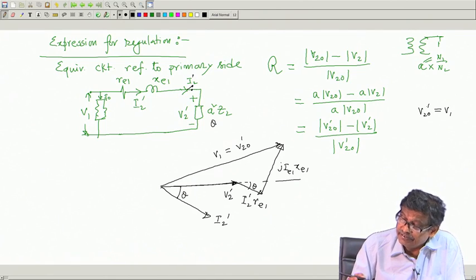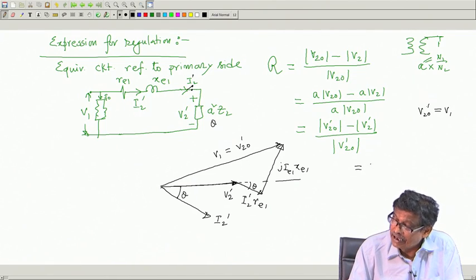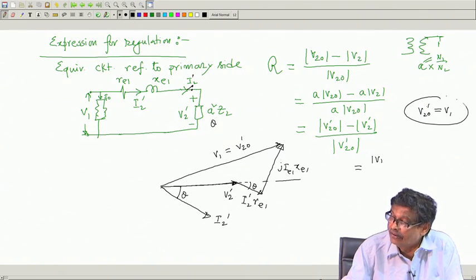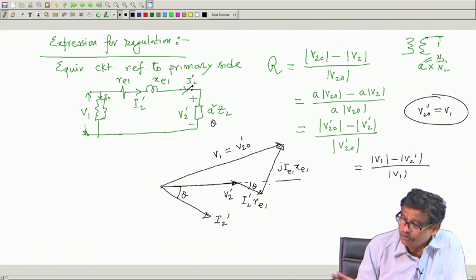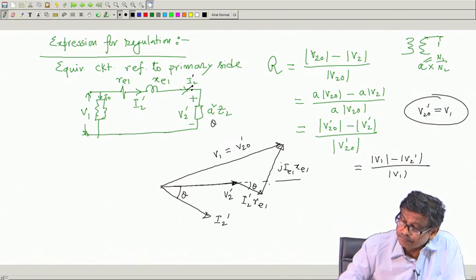Therefore, this regulation means magnitude of V 1, next I continue with this knowledge, V 1 minus V 2 dashed divided by the open circuit voltage V 1, equivalent open circuit voltage.